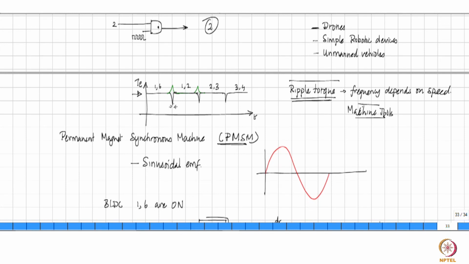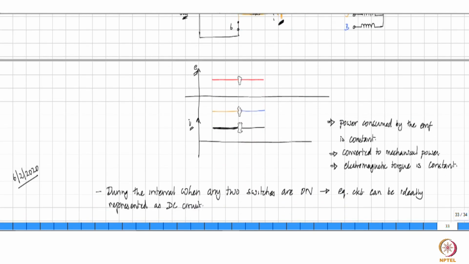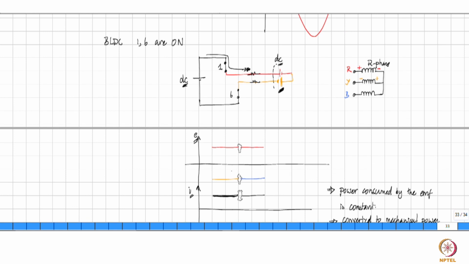So ideally we assume that here you have red and yellow conducting. Here it is red and blue that is conducting.